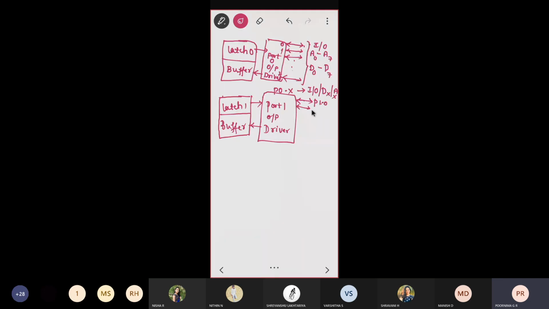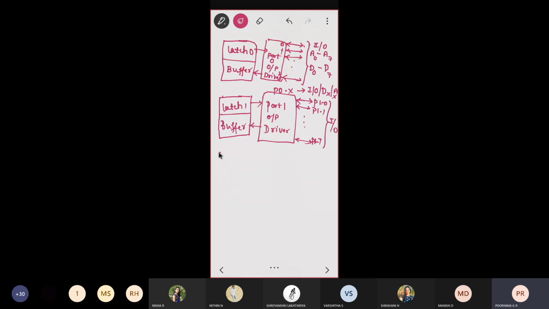Why I am writing bidirectional, you might have understood. Are any other functionalities multiplexed here? No. Hence, it is used only for IO systems to operate, input output systems to operate.